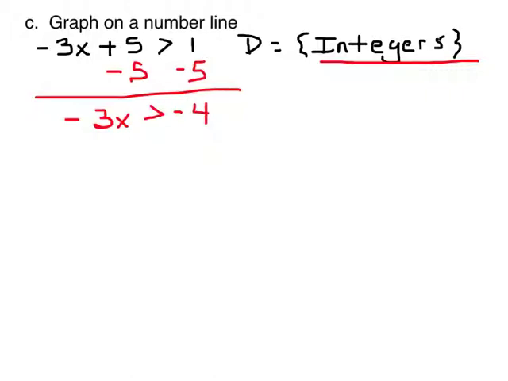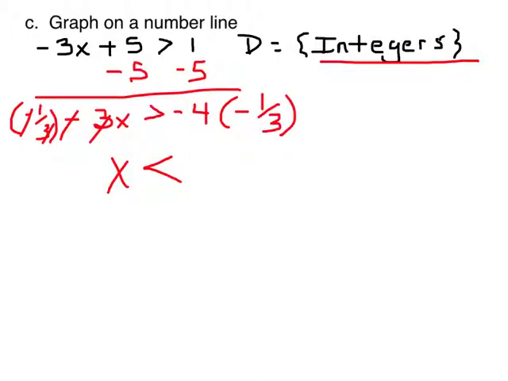Then if I multiply both sides by -1/3, it is going to be x is less than +4/3, which we know is 1 1/3 for graphing purposes.